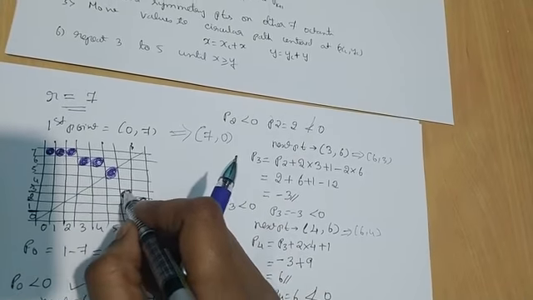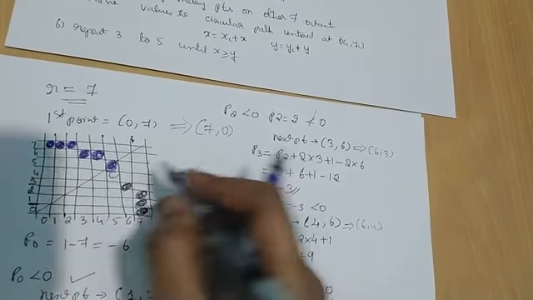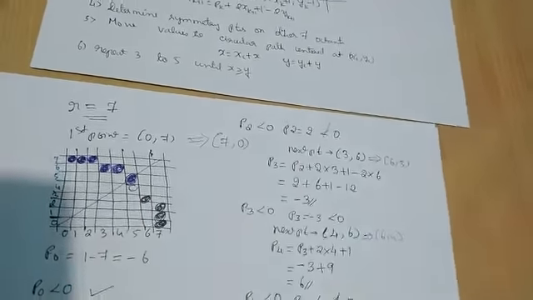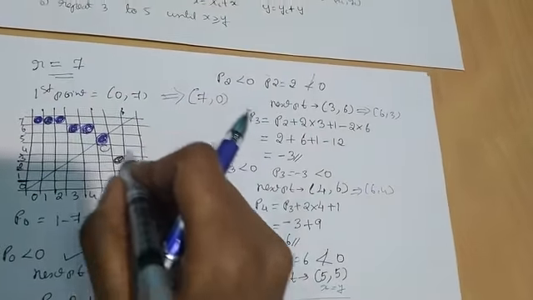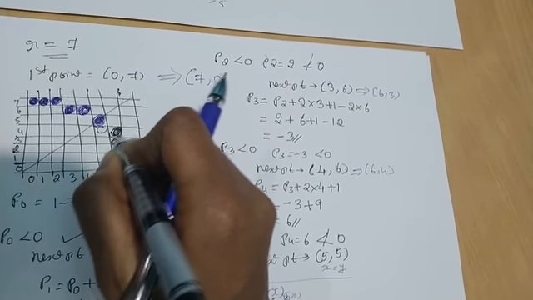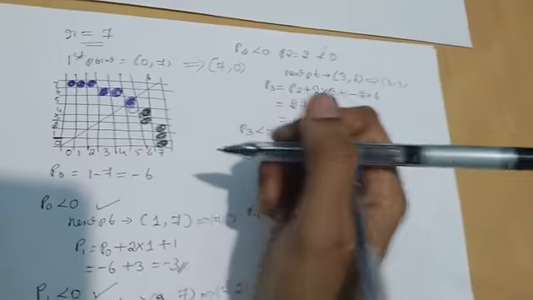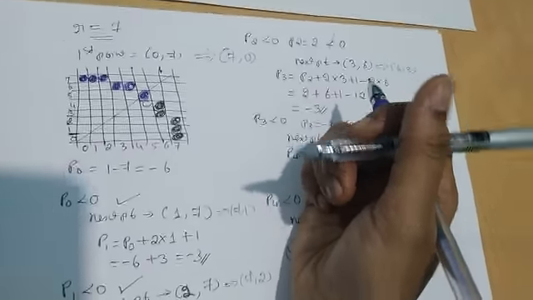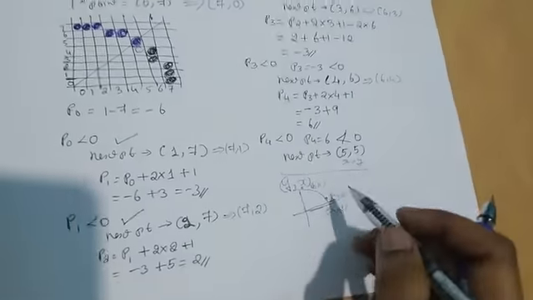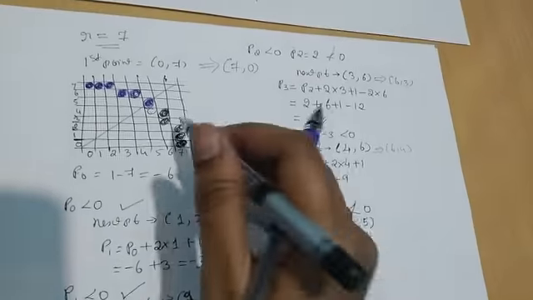So 6, 4 will be here. So this is how you are supposed to generate the pixels for exam or test. So you can list out the symmetrical points like these, and in sequence you can write these values and highlight them in the figure.